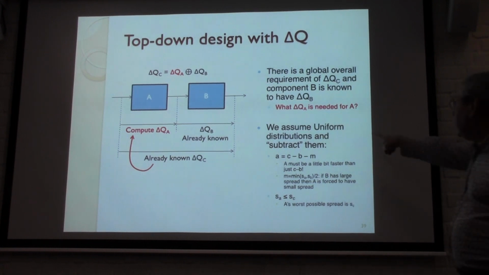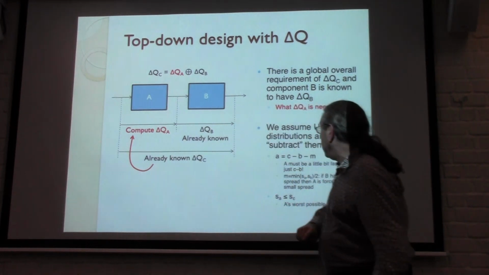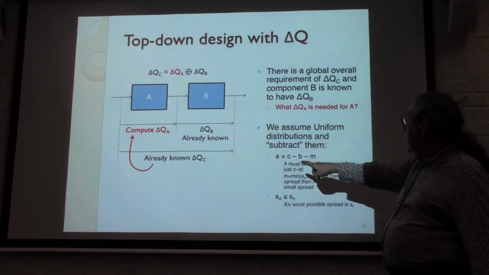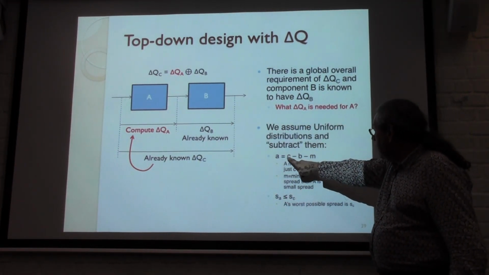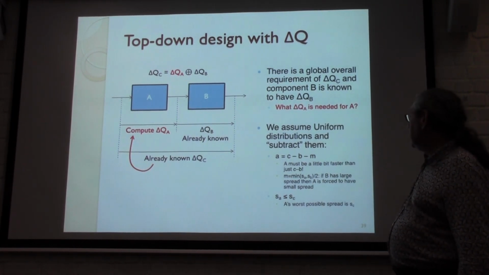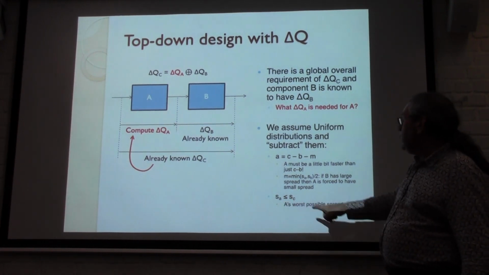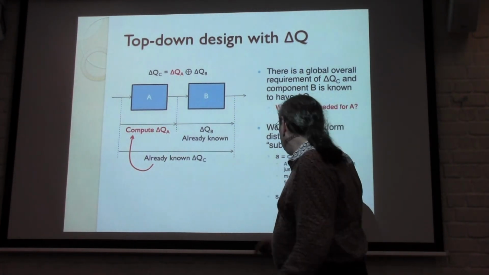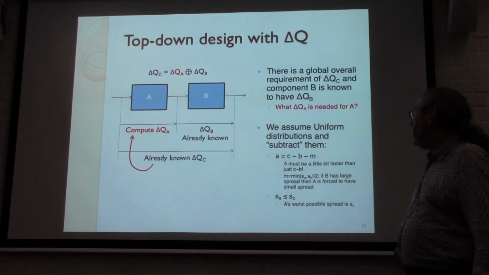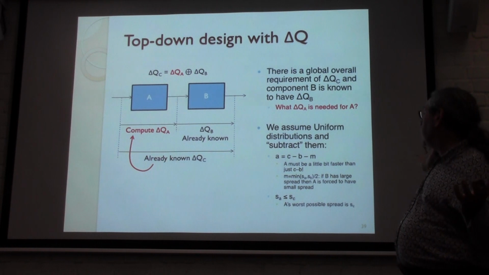But if you assume uniform distributions, you can figure out the constraint on A. Okay? A has to be the minimum C minus B minus this little m value. Okay? And the spread for A has to be smaller or equal than the spread for C. It can't be worse. Because if it would be worse, then the whole thing would be worse.